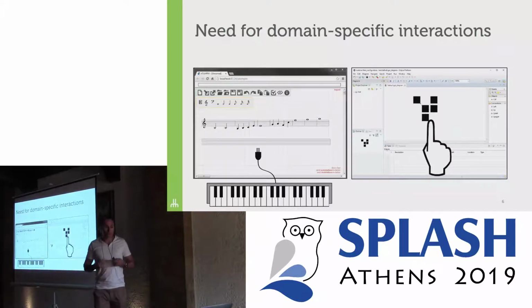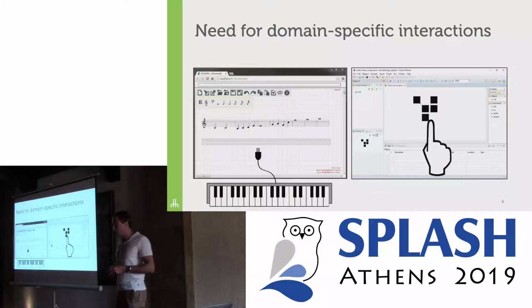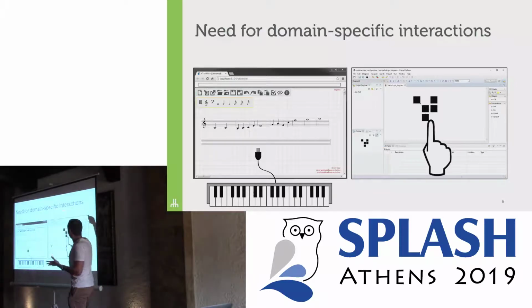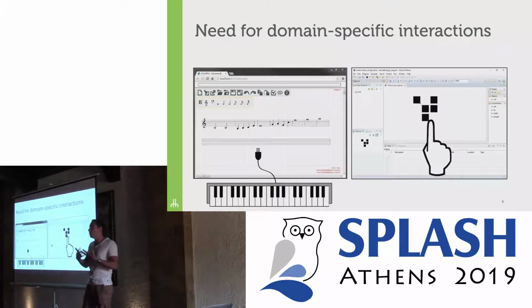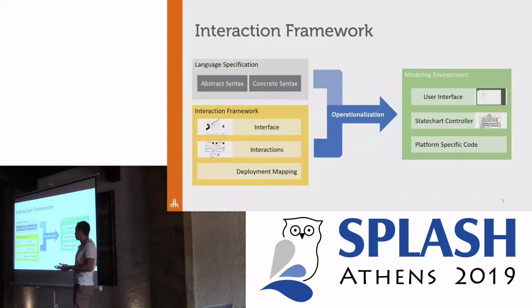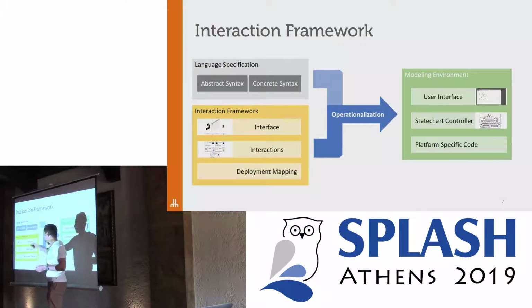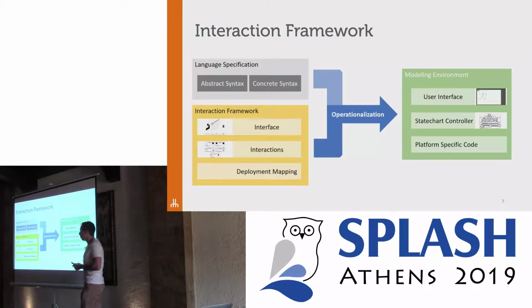To be able to do something like that, we need the interactions with the editor to be made domain-specific. To do that, we propose a set of languages that allow you to customize not only the concepts and the way they are represented, but also the way you interact with the editor, so that it can generate a fully adapted modeling environment.